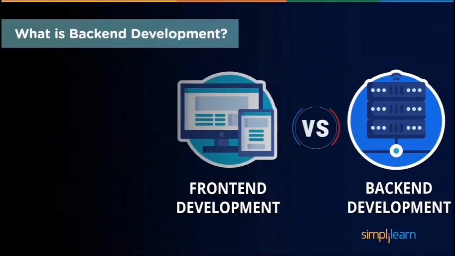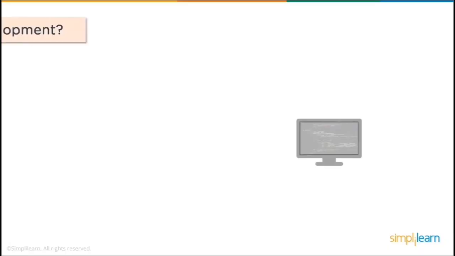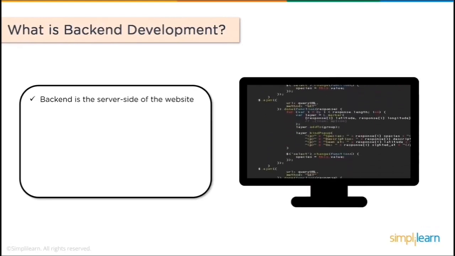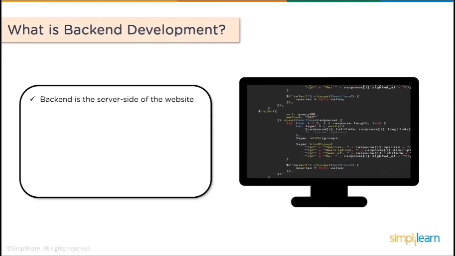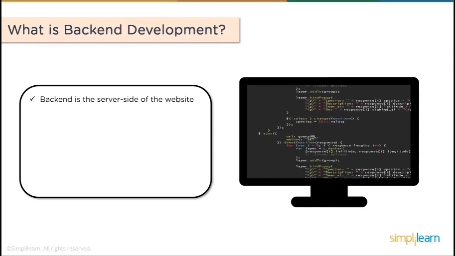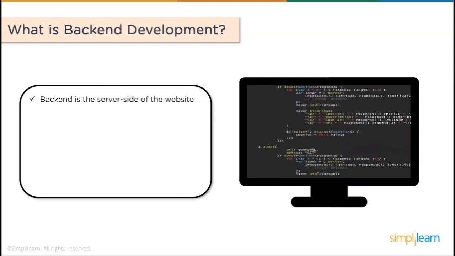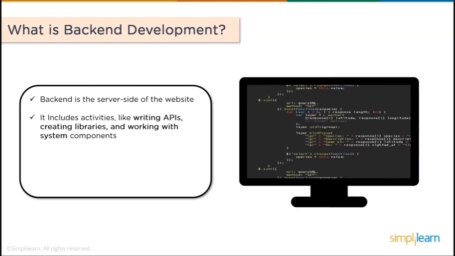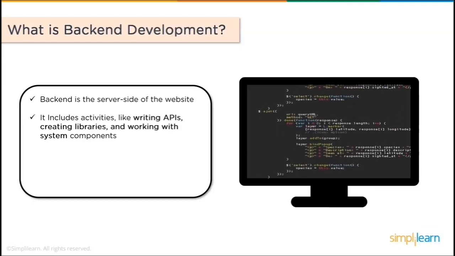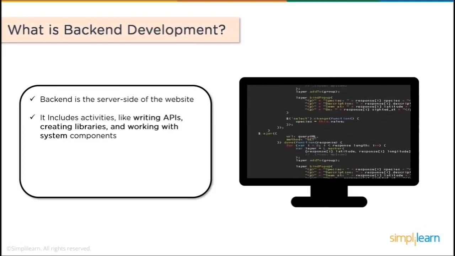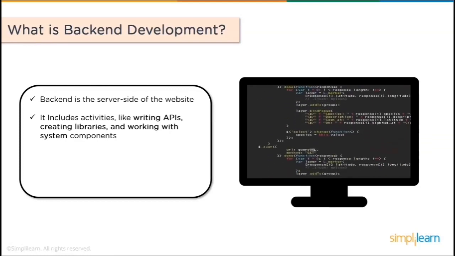Then what exactly is back-end development? You guessed it right. Web development that occurs at the back end of programs is accurately termed as back-end development. This back-end development covers server-side web application logic and integration and activities like writing APIs, creating libraries, and working with system components, as opposed to front-end development, which focuses on customer-facing services and programs.